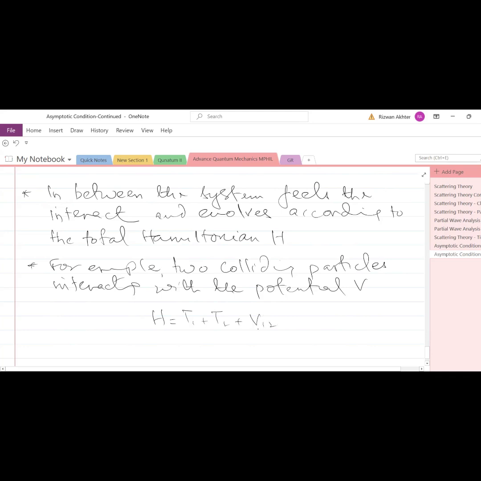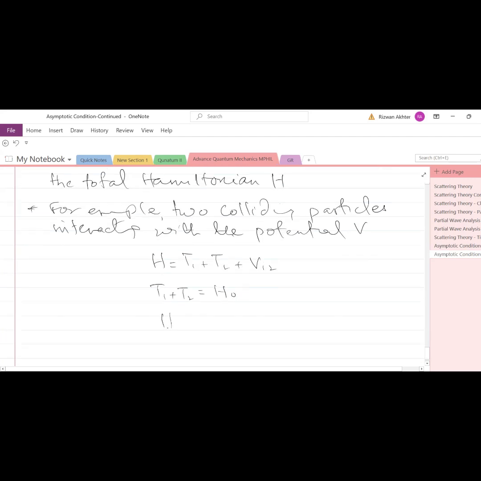So T1 plus T2 is equal to H naught. And so we have the total Hamiltonian again, H equals H naught plus V. So the first term is interaction free, and the second term is the interacting term.